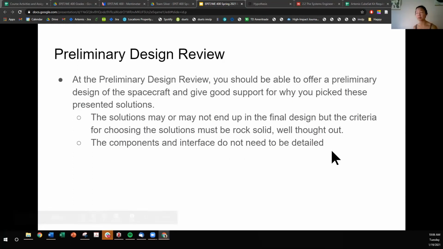You can have components initially selected from a vendor, and you may not know exactly how they are put together. And that's another reason why things may not end up in the final design, because you could find out that your component is not compatible with another component, or the interface is not supported. So that's why we have criteria fleshed out, but maybe components not so much.